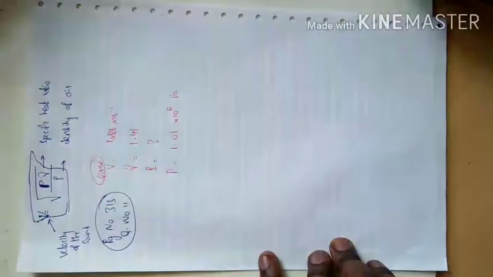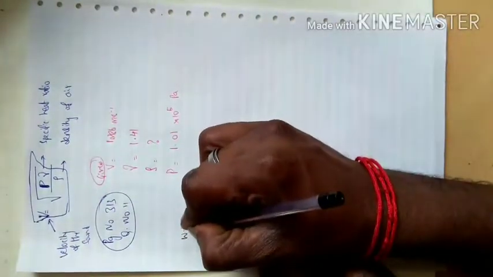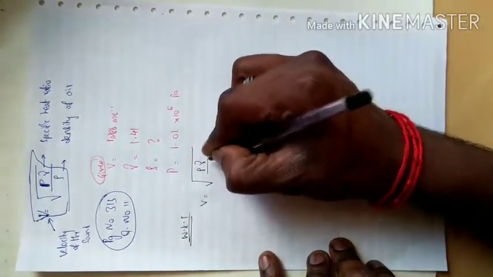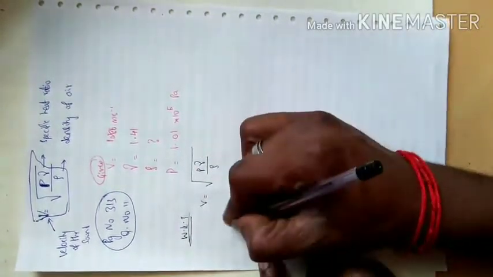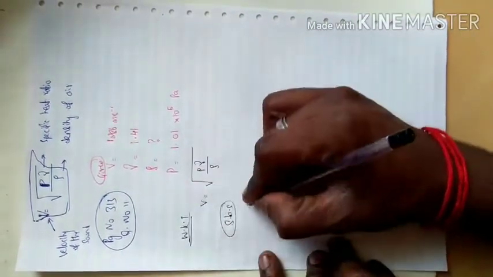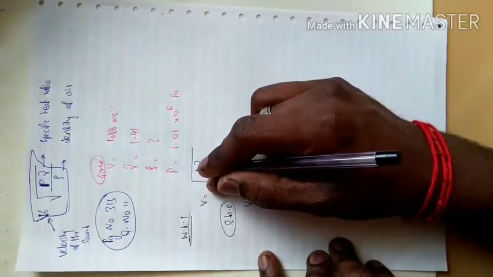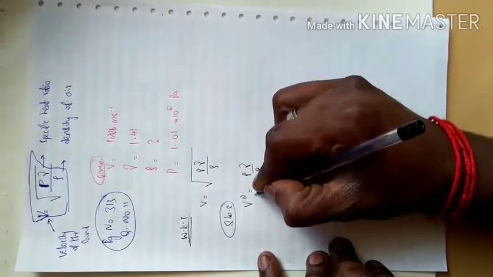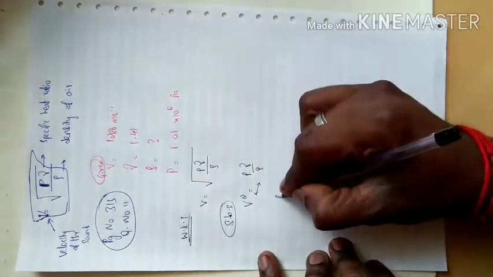We know that V is equal to the square root of P gamma divided by rho. Squaring on both sides, the square root and square get cancelled, so V squared is P gamma by rho. I need to calculate rho, so send rho to this side and bring V squared to the other side.